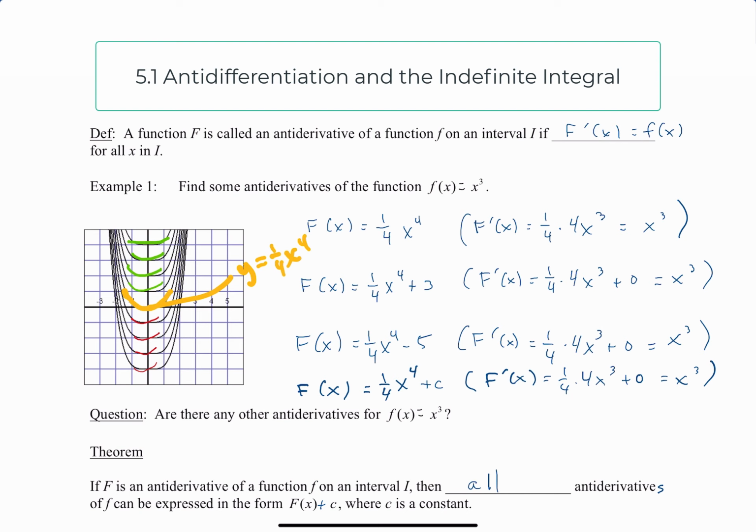We've seen there's really infinitely many because adding or subtracting a constant doesn't change the derivative once you differentiate. So this formula that gives the most basic antiderivative plus all the others by means of adding a constant, we call the general antiderivative.